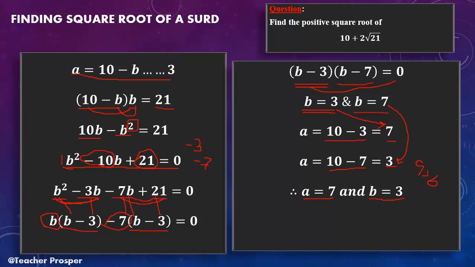Now, substituting them back into the initial equation, the positive square root of 10 plus 2 square root of 21 is equal to square root of 7, which represents the a, plus square root of 3, which represents the b. And this brings us to the end of this problem.